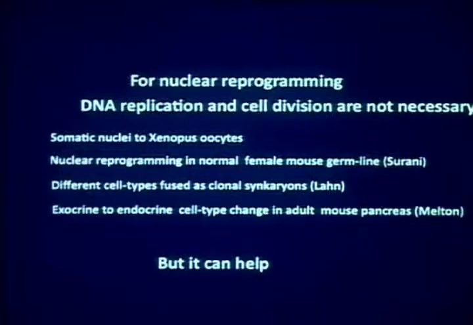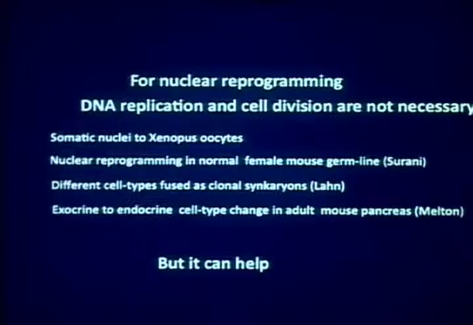And again, you do not need cell division. So I think it's clear that cell division and replication are not necessary for completely resetting the expression pattern of a nucleus. I put at the bottom, but it can help, and that's because there are some experiments where, although there's not a necessity for DNA synthesis or replication, it does seem to help a little bit.